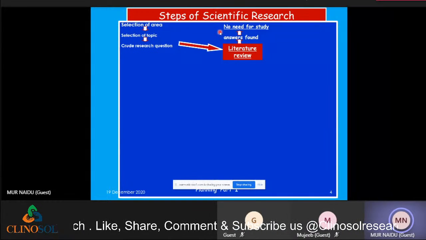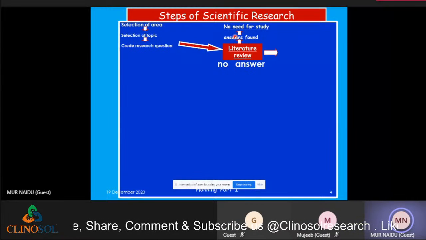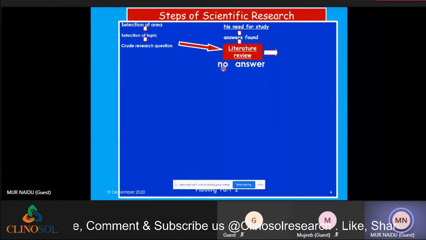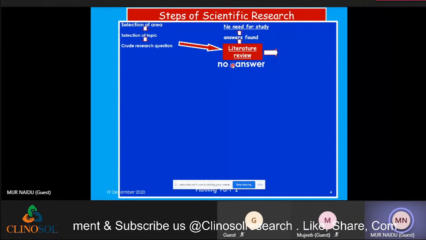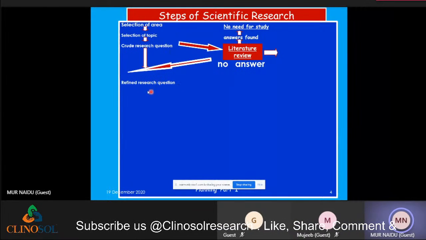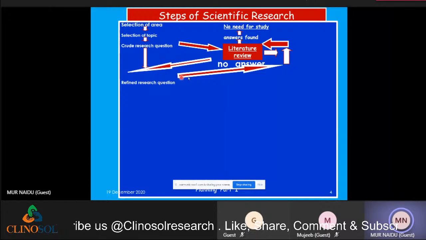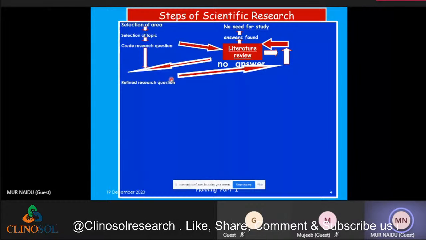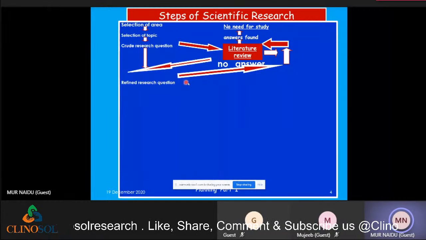What you have to do now is go back and see how you have to modify it. Suppose you are lucky and in the literature review there is no answer. That means nobody has done what you want to do. Then you come back and refine your research question. After refining your research question, again you look into the literature review and see whether this refined research question is okay to go ahead or not.